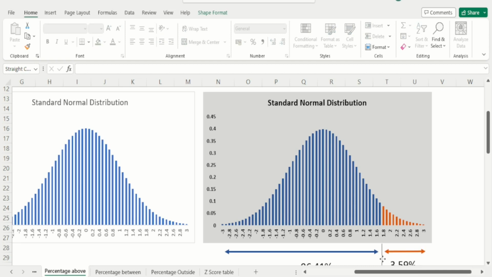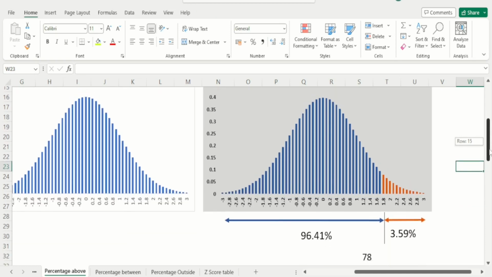Whatever you see in brown color on this standard normal distribution graph is our required answer. So the required answer is 3.59. How do we arrive at this? Again, remember, for a 1.8 z-score, the percentage is 96.41. The total area of this standard normal distribution is 1. So 1 minus this blue colored area of 96.41 leaves us with 3.59.